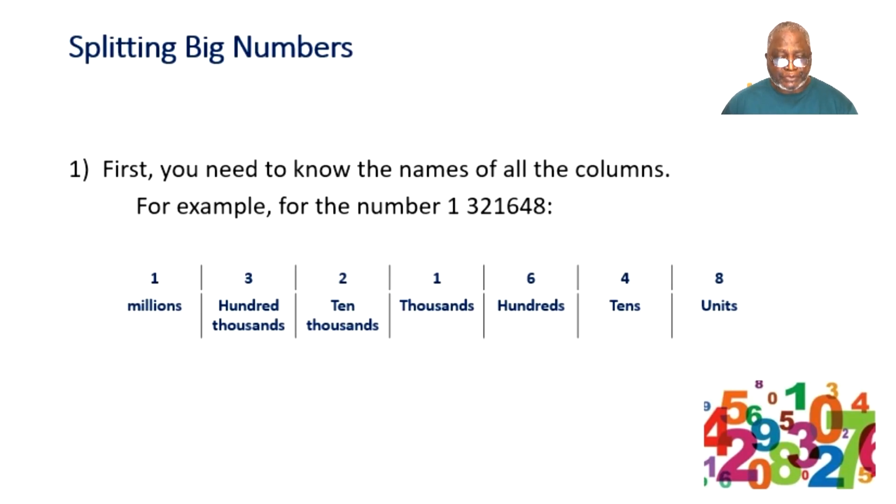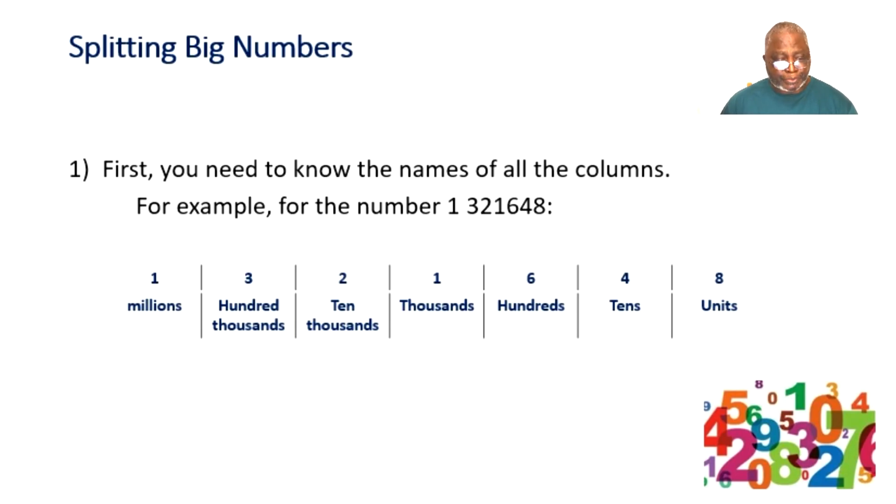You need to know the names of all the columns before you can split them. For example, the number 1,321,648 can be split into 7 parts. As the table below shows you, you have millions, hundred thousands, 10,000s, thousands, hundreds, tens, and units.